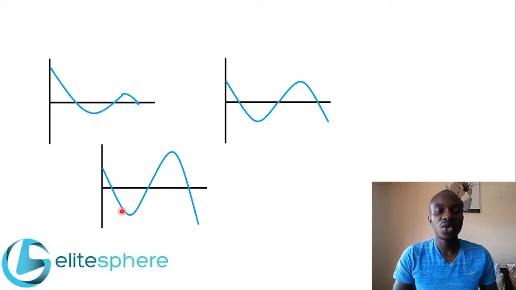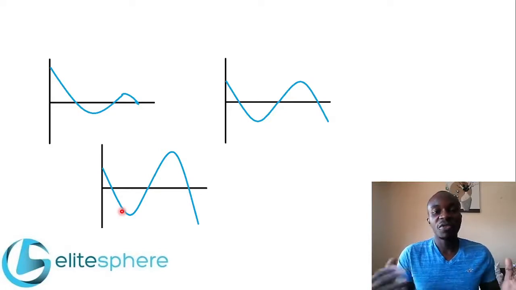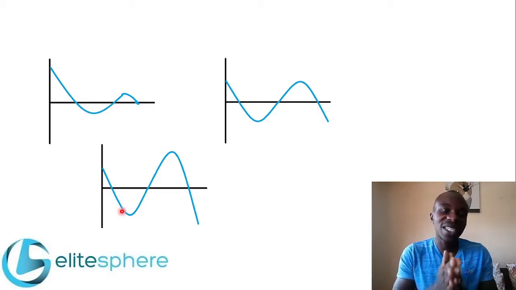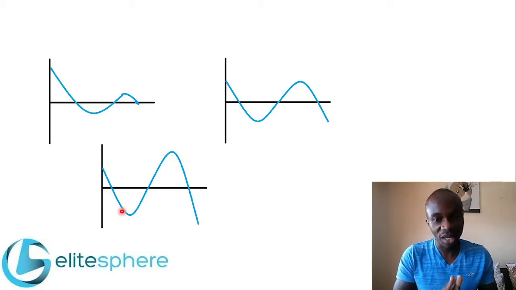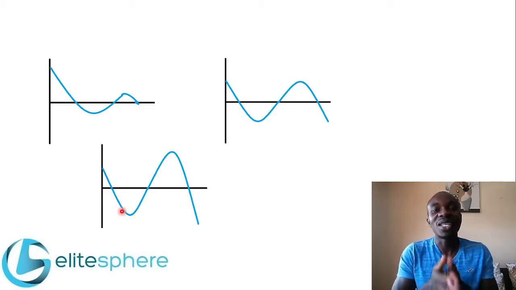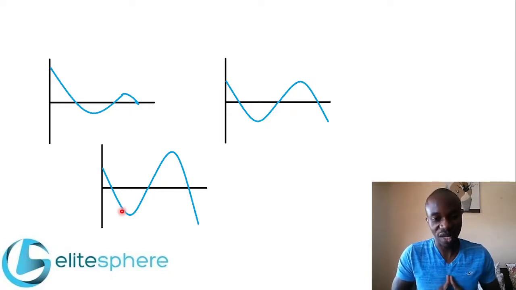Now, there's one thing I want to point out before I finish this video. For an aircraft to have dynamic stability, it must first have static stability. So static stability comes first before an aircraft can have dynamic stability. We can have an aircraft that has both static stability and dynamic stability, but it has to be statically stable first before it can be dynamically stable.